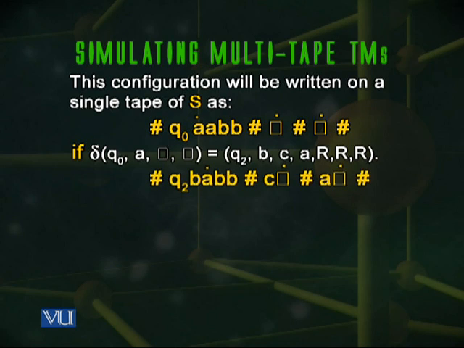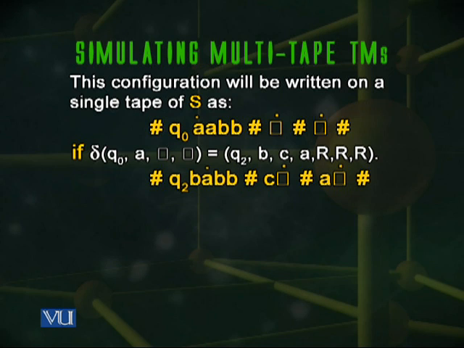Then S will change its tape contents to become BA-dot BB, followed by a hash sign, followed by C blank-dot, followed by A blank-dot, followed by a hash sign, which represents the new configuration of this 3-tape Turing machine.